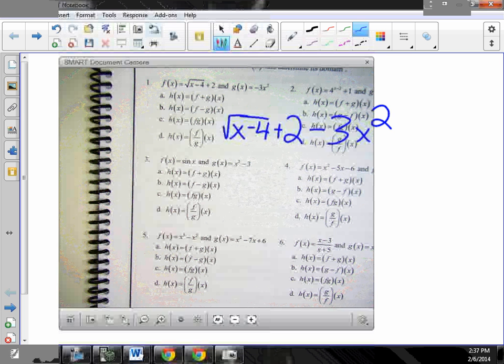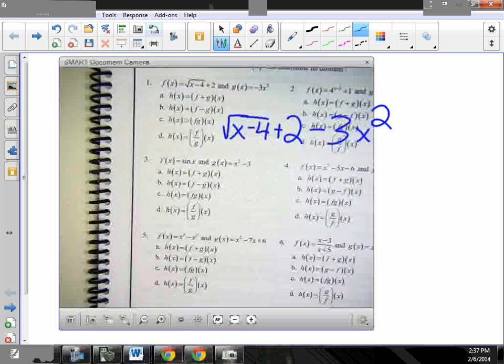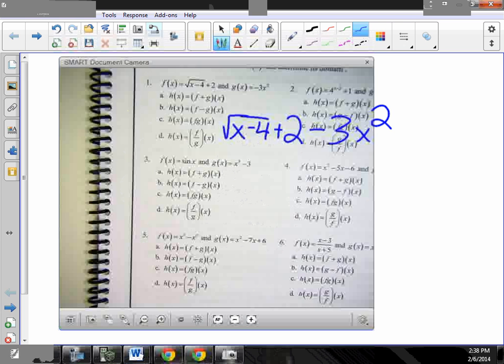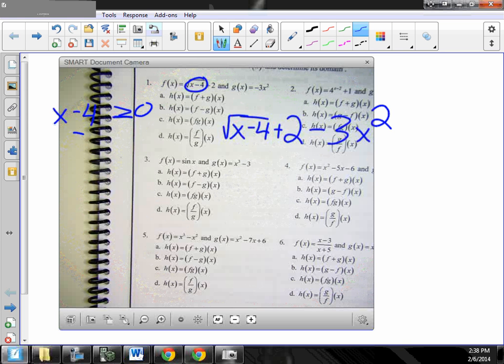Which x's are you not allowed to plug in? Anything below, what did you say? 4. So if we take the inside of the square root, x minus 4 is greater than or equal to 0, and add 4, x has to be greater than or equal to 4.